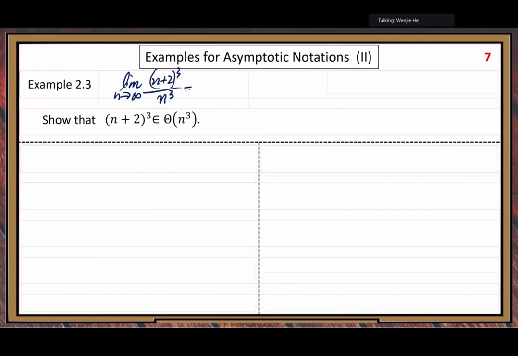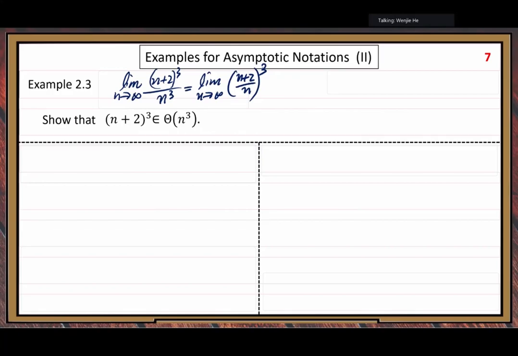We want to calculate this limit, applying the properties of limits. Because of this cube, we can put the cube outside the fraction: (n plus 2) over n.